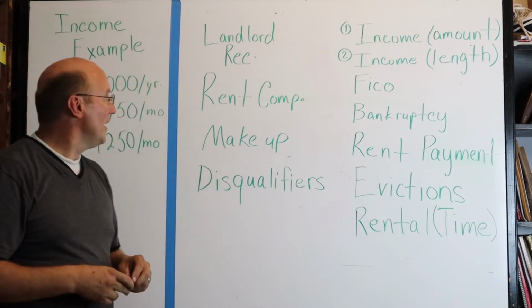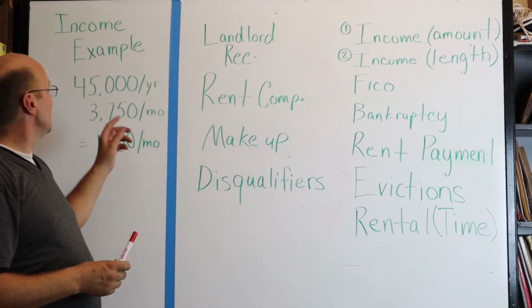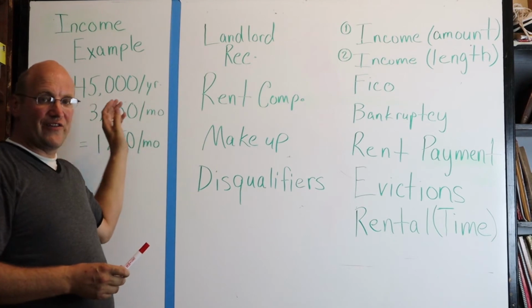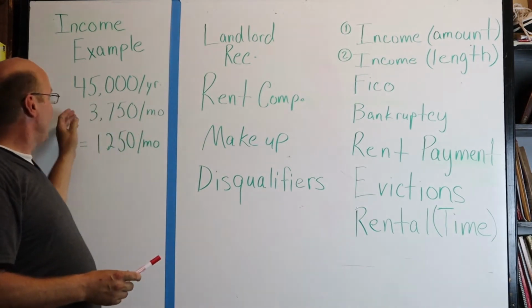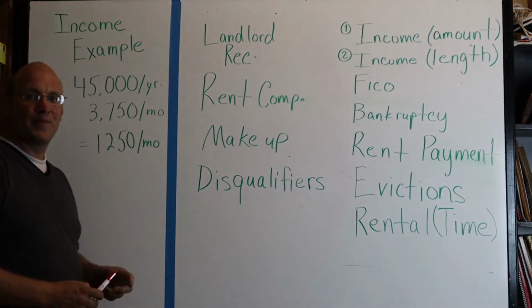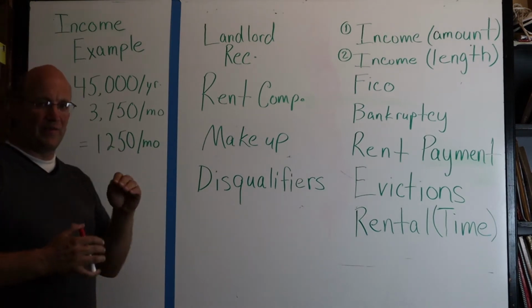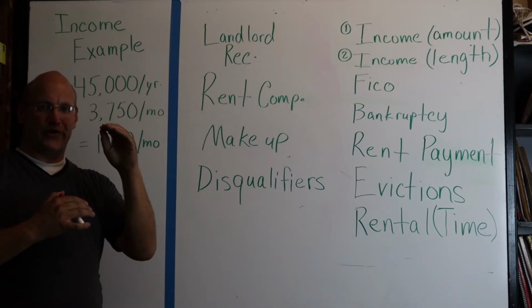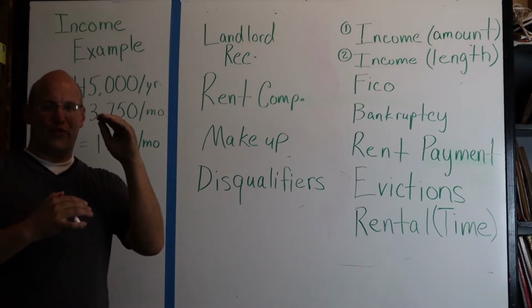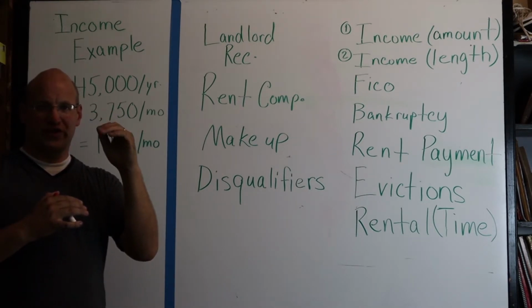Can work part-time. But so with $45,000 a year, if you divided that by 12, that's $3,750 a month income you have. And then a really common standard is your rent can be 1/3 of your income, your gross income.